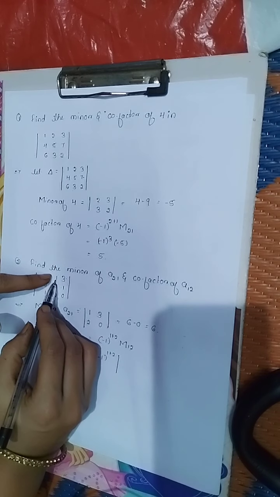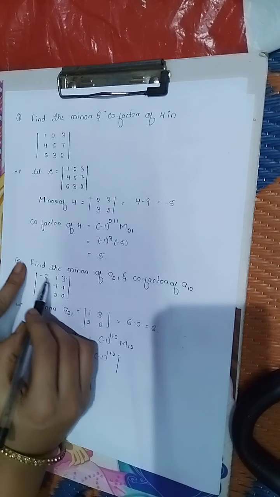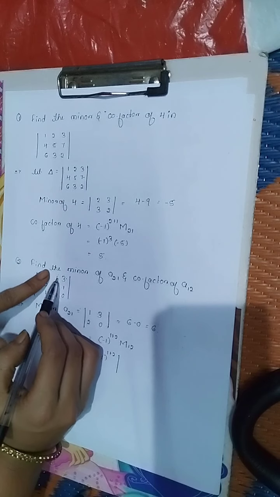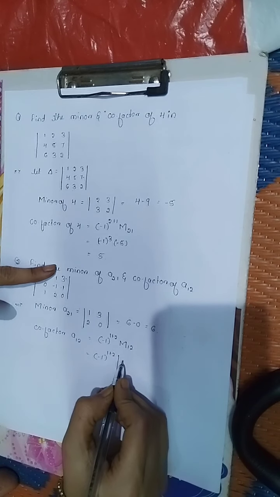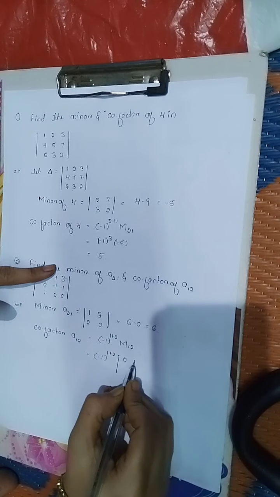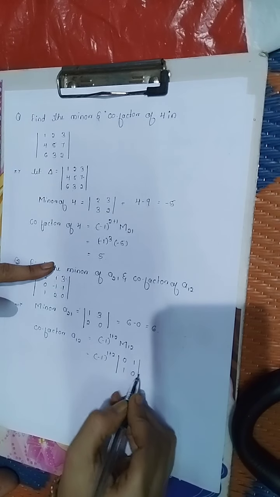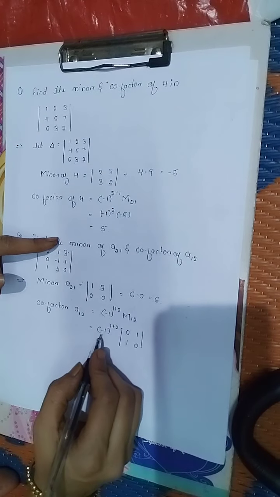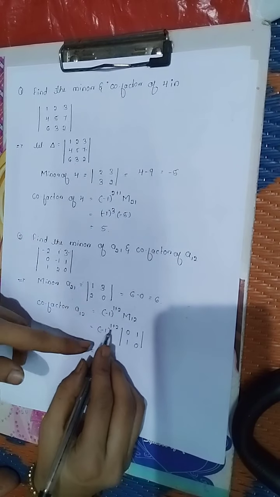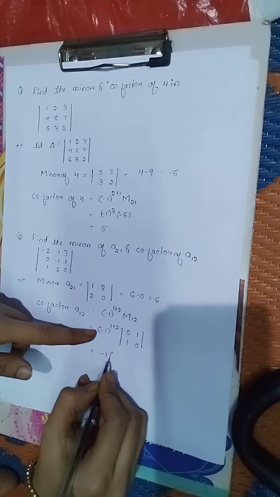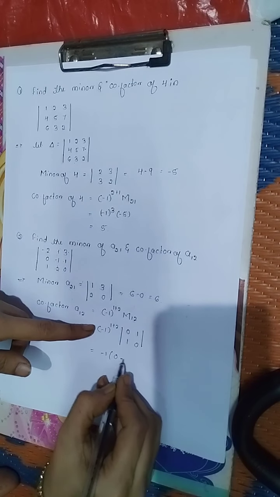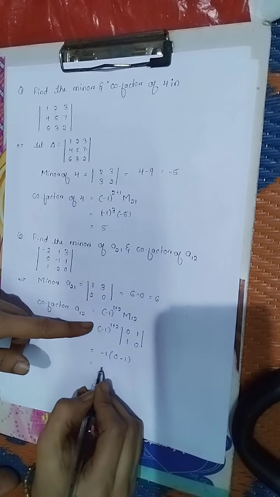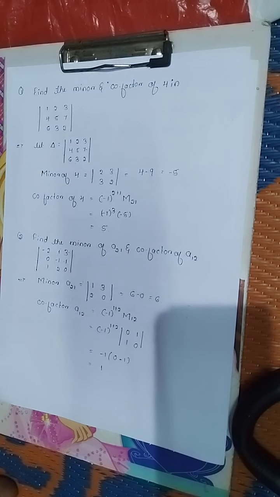We have to find the cofactor of 1. It means we have to leave the first row and second column. So the remaining elements are 0, 1, 1, 0. Further simplification: minus 1 to the power 1 plus 2 means minus 1 to the power 3. Minus 1 to the power 3 means it is minus, and here we cross multiply 0 minus 1. So minus into minus becomes plus. Cofactor of A12 is plus 1.